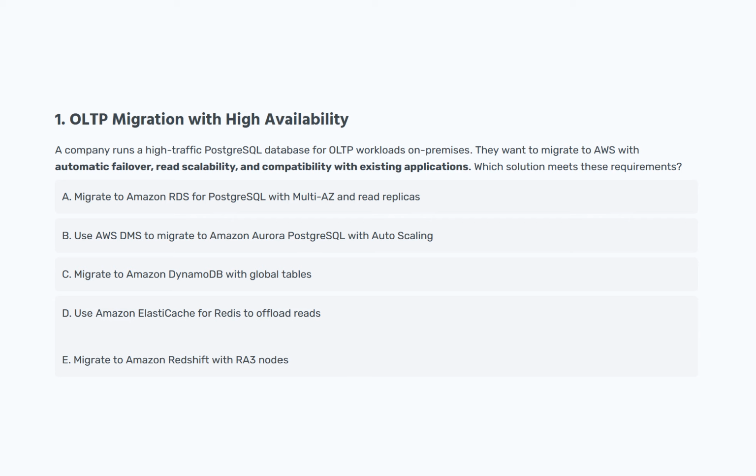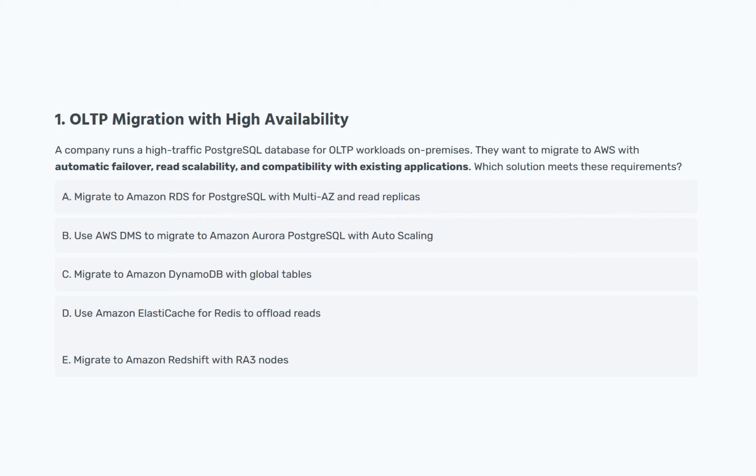So we are thinking something like RDS in AWS. They want to migrate to AWS with automatic failover, read scalability, and compatibility with the existing application. Which solution meets these requirements, right? Let's have a look at the answers.